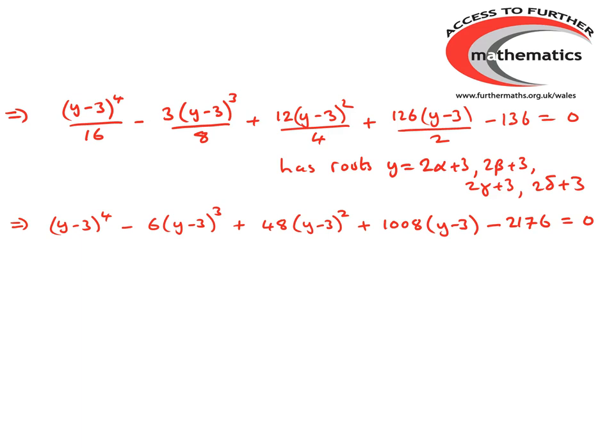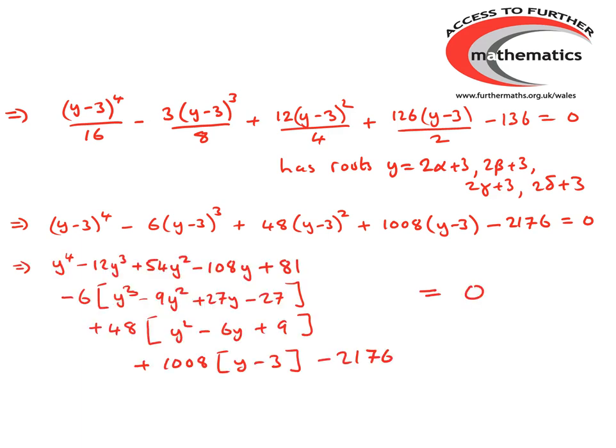And at this point, what I need to do is make use of Pascal's triangle to expand y minus 3 to the power 4, y minus 3 to the power 3, and y minus 3 squared. So the y minus 3 to the power 4 expands out as y to the 4 minus 12y cubed plus 54y squared minus 108y plus 81.